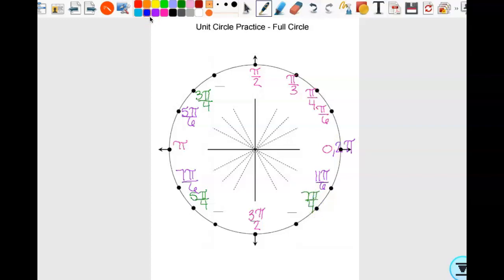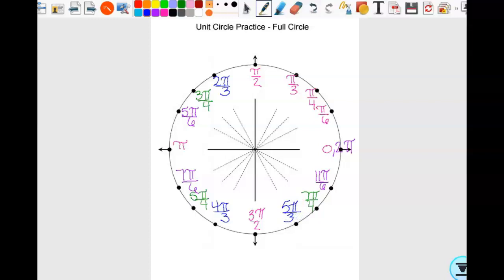Okay. Thirds. 3 pi thirds. Back up 1, 2 pi thirds. 3 pi thirds. Go forward 1, 4 pi thirds. All the way around is 6 pi thirds. You back up 1, you are at 5 pi thirds.